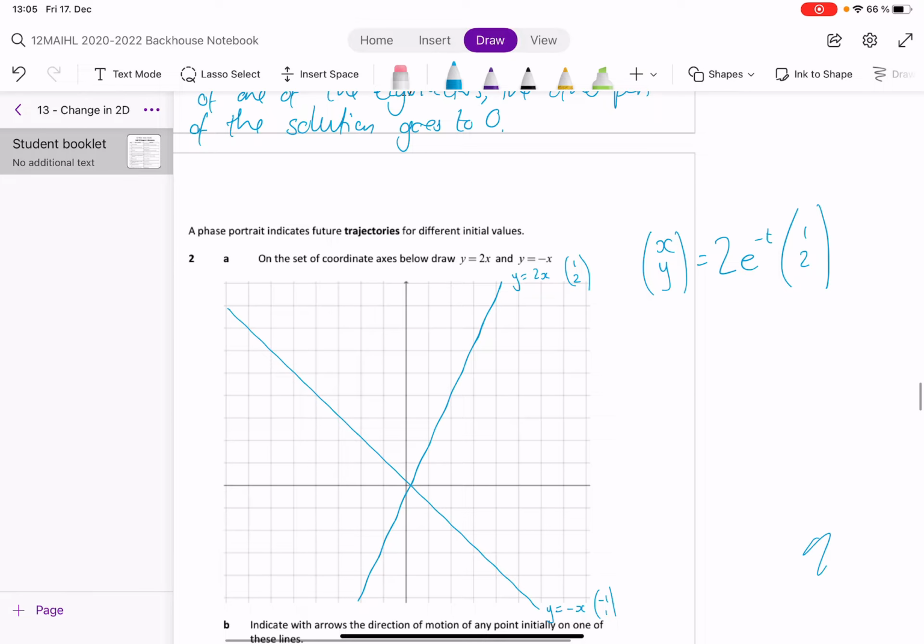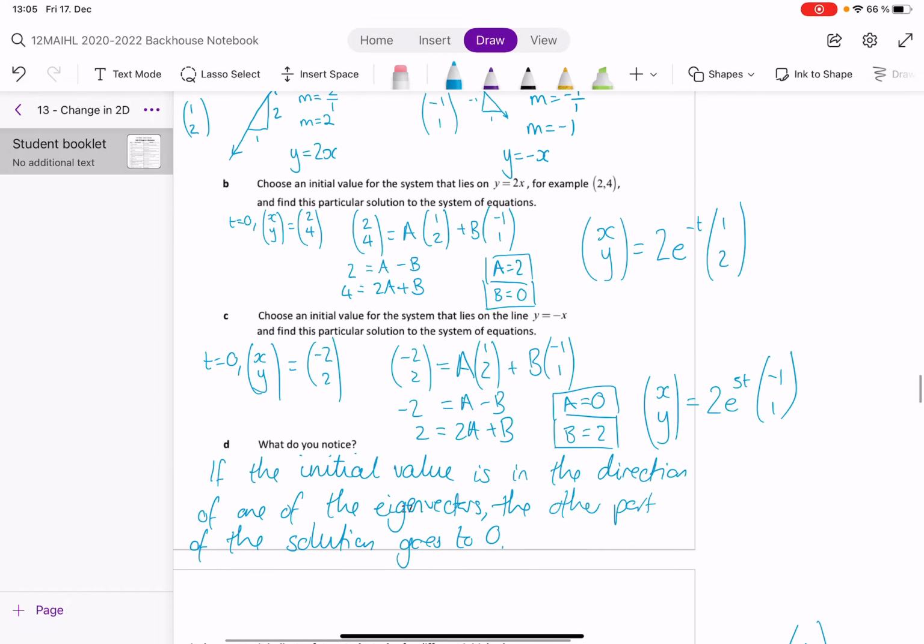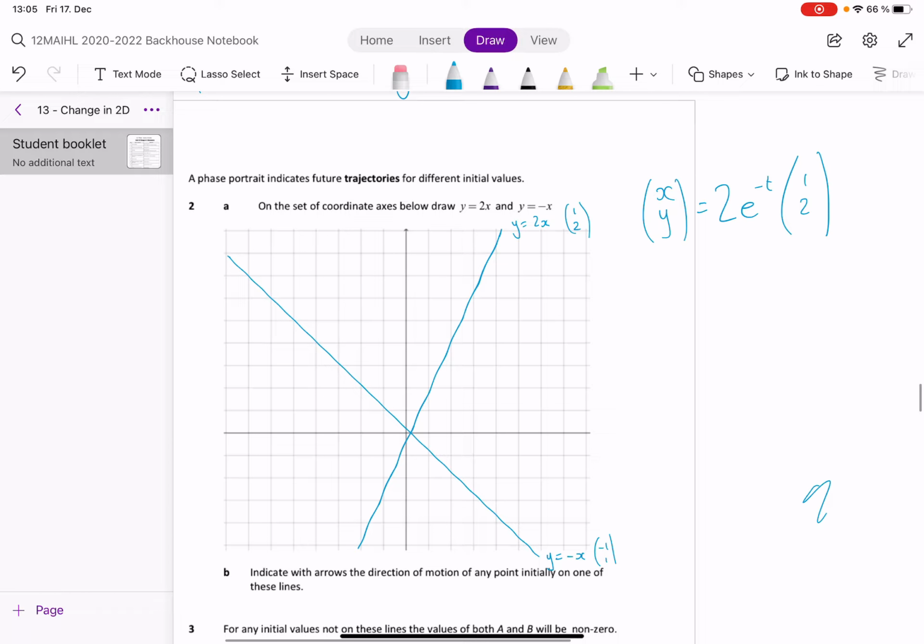What was our starting point? 2, 4. So if we start at 2, 4, what happens as t increases? Well, as t increases, e to the negative t is going to decrease. It's going to get smaller because it's an exponential that has this kind of form.